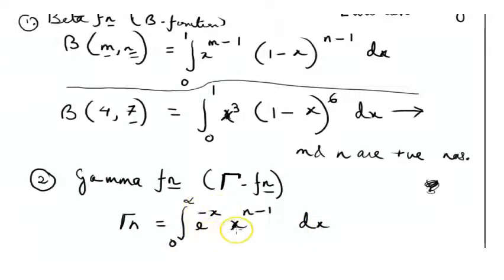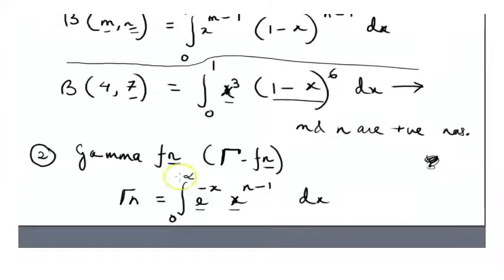Here we have this exponential part, while in beta we have x and 1 minus x. And look, here we have two numbers and here we have one number. Suppose I have gamma 5.